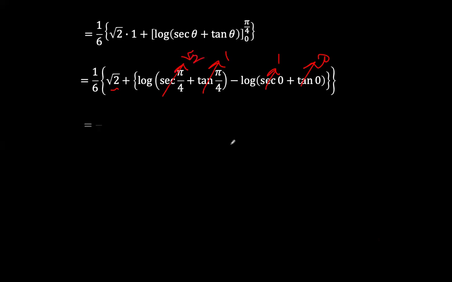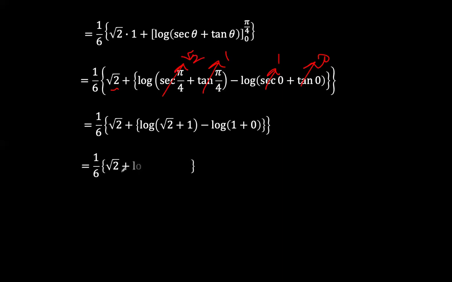And therefore we have a constant 1 over 6 times root 2 plus natural log of root 2 plus 1 minus natural log of 1 plus 0, which is just natural log of 1. So any log of 1 to any base is 0. So we're left with 1 over 6 times root 2 plus natural log of root 2 plus 1. And that's our final answer.